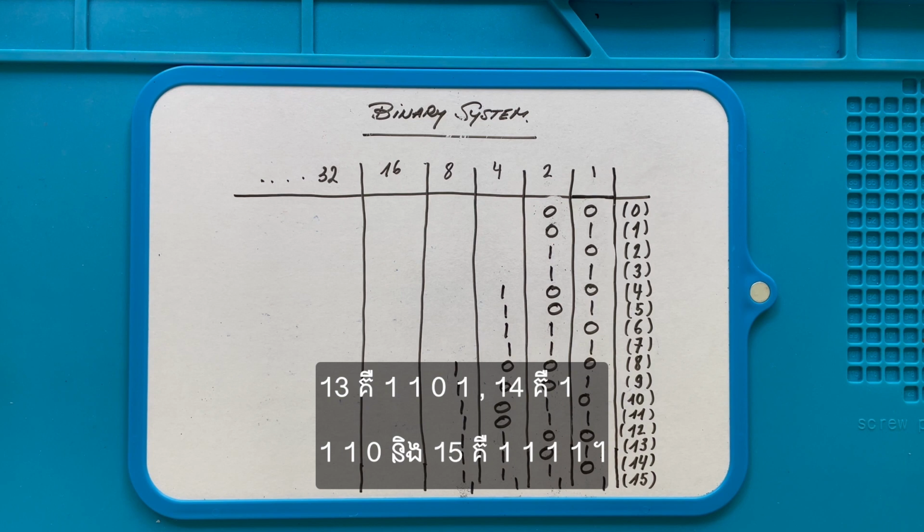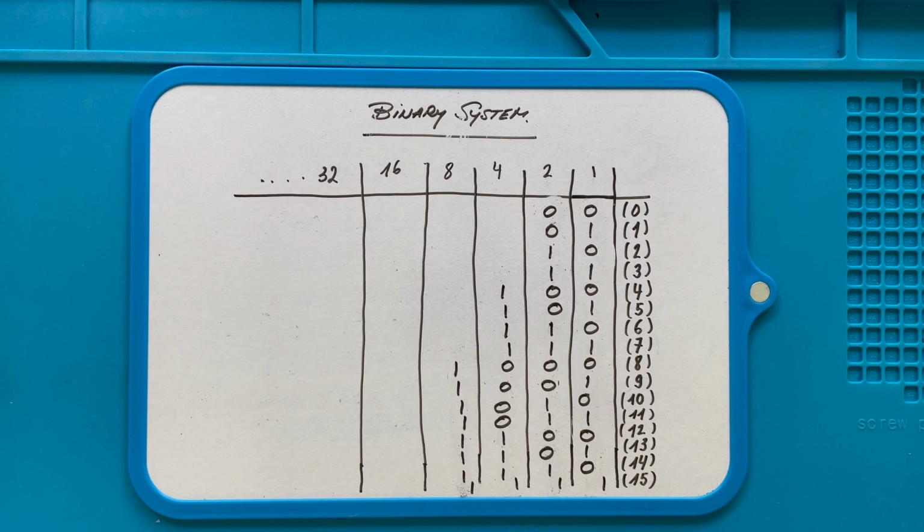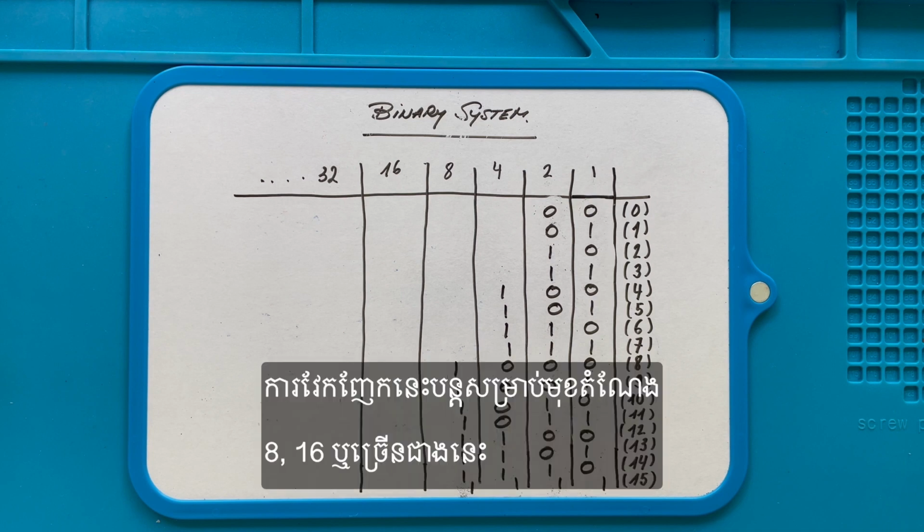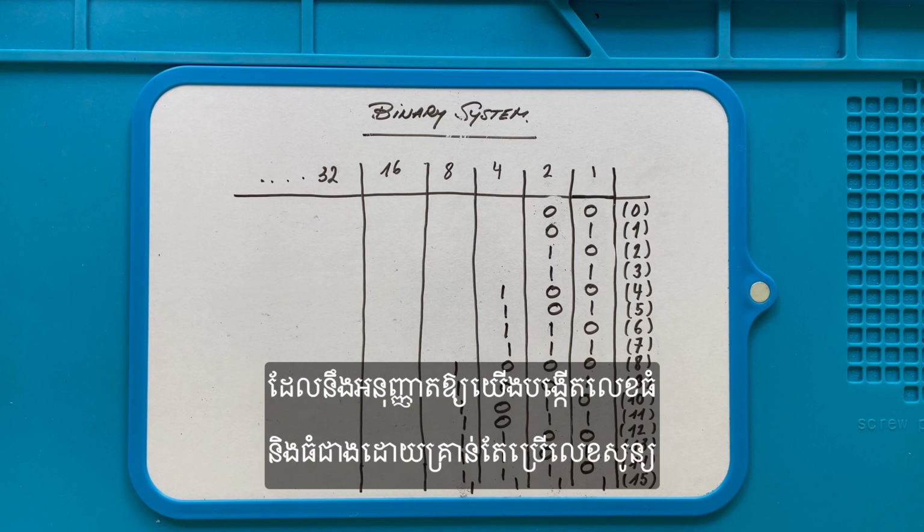And 15 as 1, 1, 1, 1. So this is for the first 4 digits. This reasoning continues for 8, 16 or more positions that will allow us to create larger and larger numbers just by using zeros and ones.